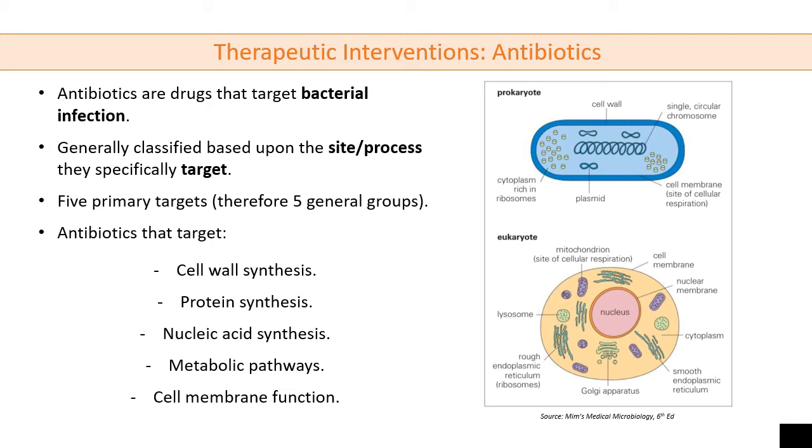From our understanding of both microbiology and cell biology, it should be pretty clear to us that if you really disrupt any one of these processes, that is going to cause significant problems for the bacterial cell in terms of survival. How can a bacterial cell survive and replicate if it is not synthesizing proteins, if it is not synthesizing a cell wall, if it has disrupted metabolic function?